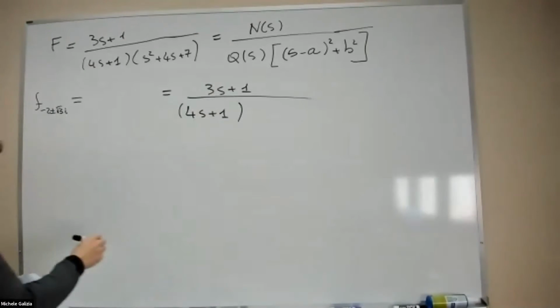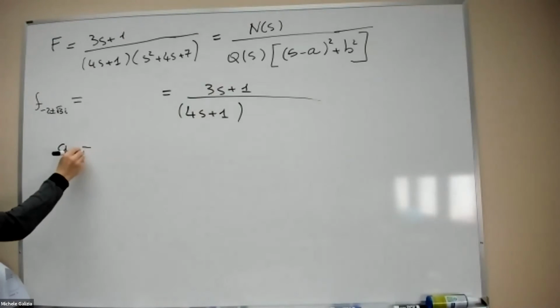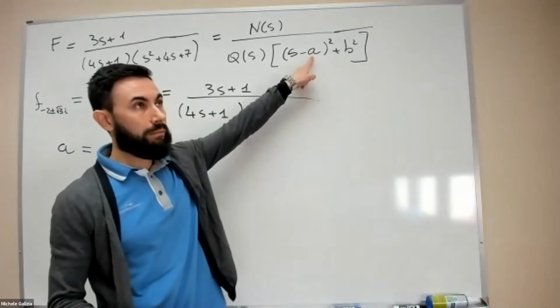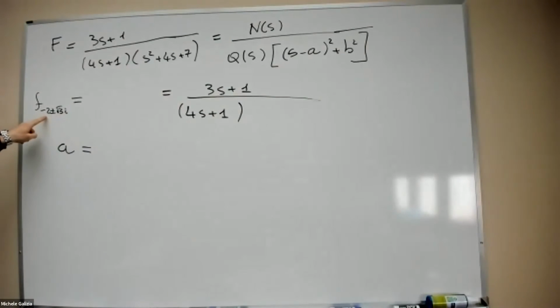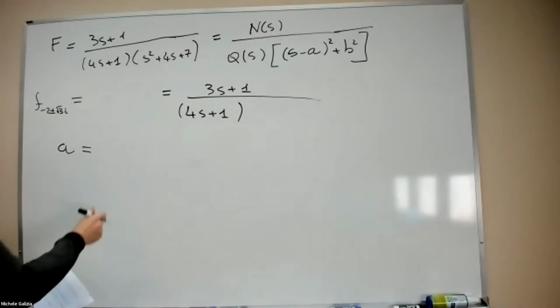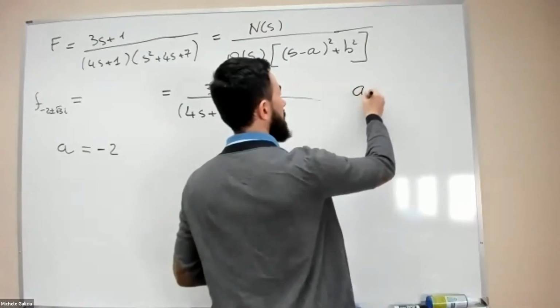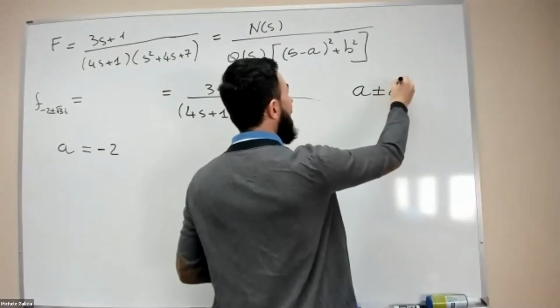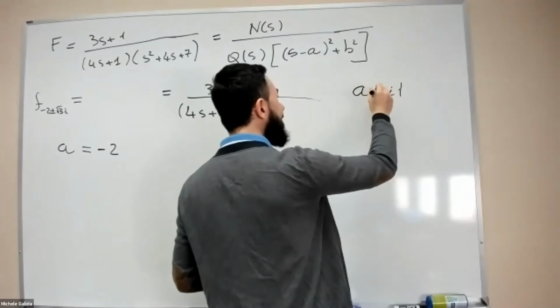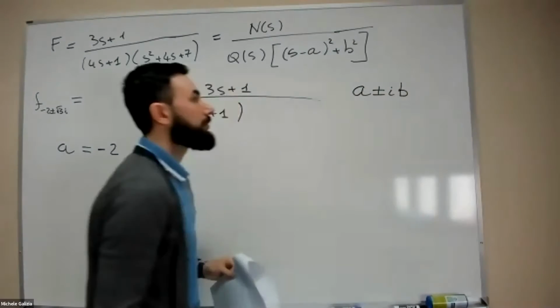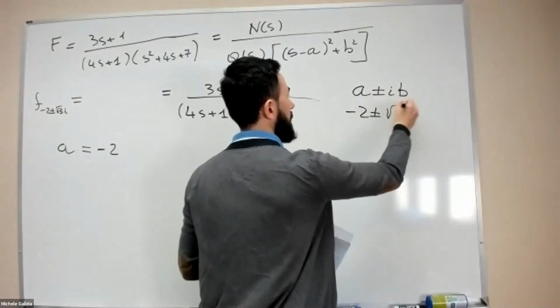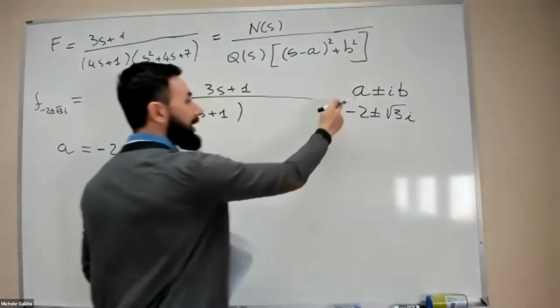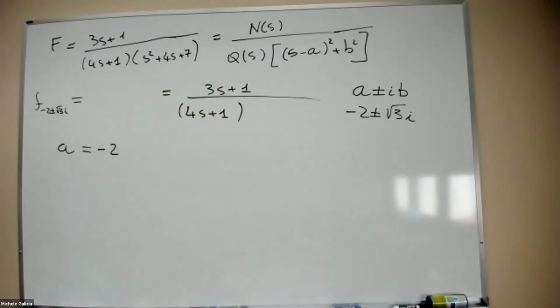Who is a? Please, guys, can you please tell me who is a? It'd be -1/2 or -2. Basically, yes, is -2. The complex pole is a plus minus ib. So a is -2. Make sense? Yes. Okay.